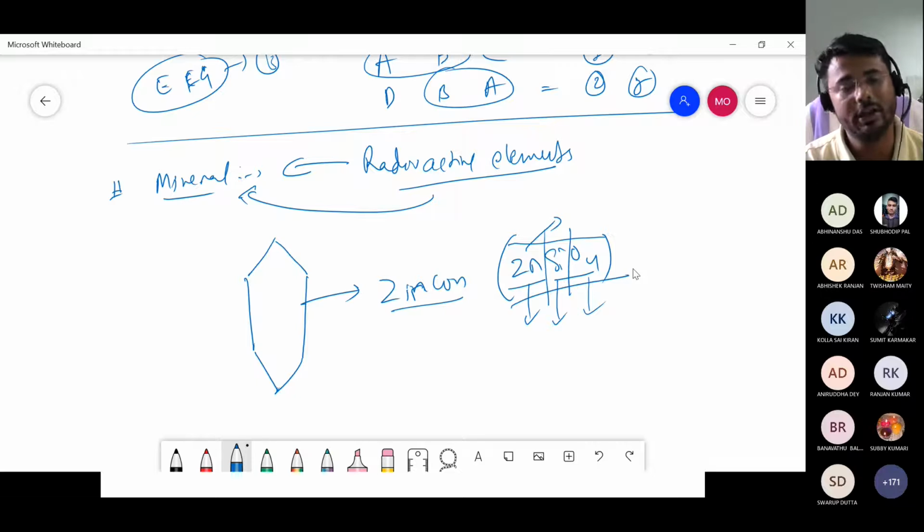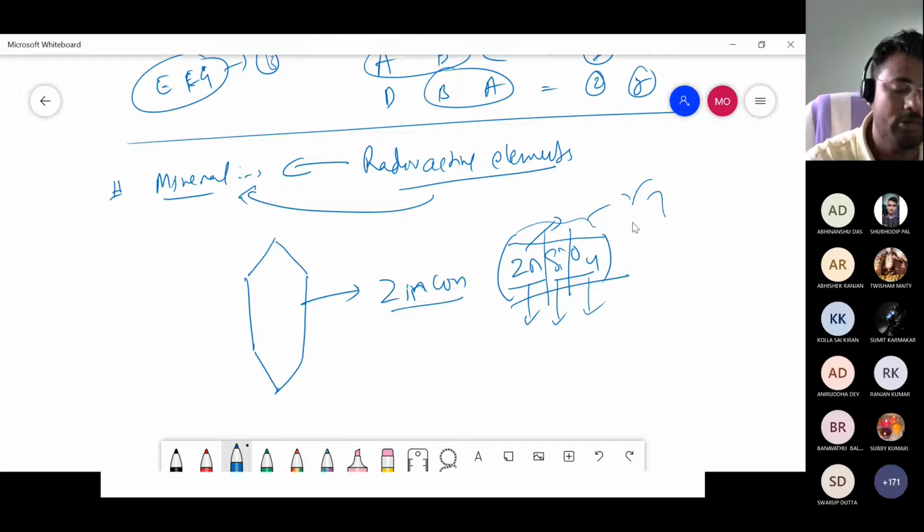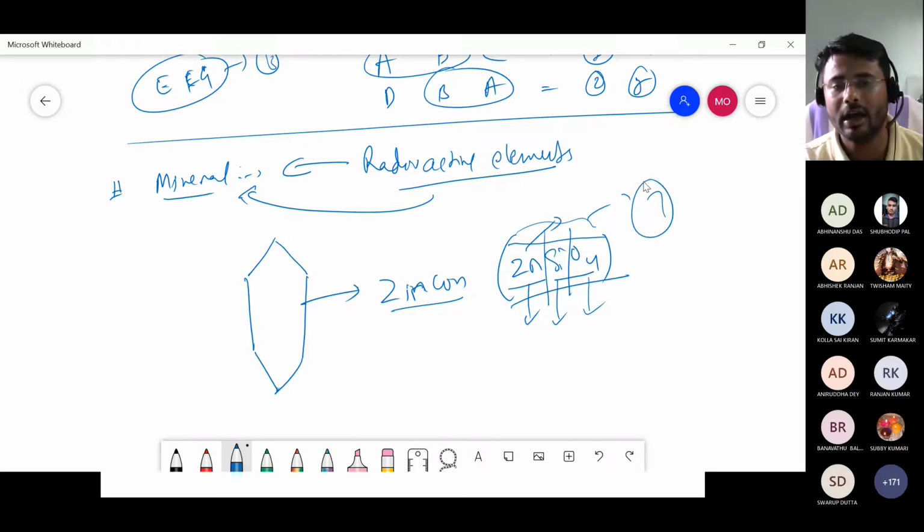Oxygen is also not a radiogenic isotope. So definitely a question comes: how are they used for dating? Any idea? If they don't have any elements which are radiogenic in nature, then how can we date? Any idea?